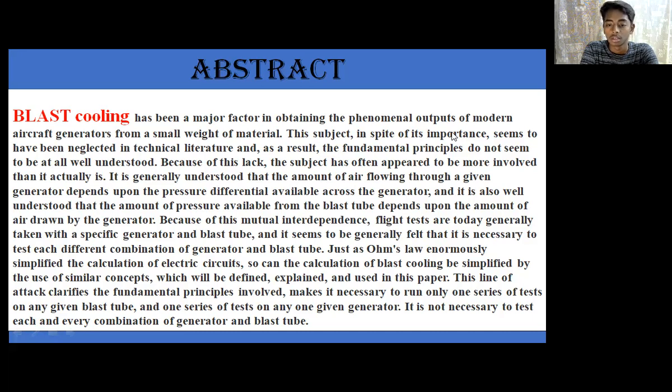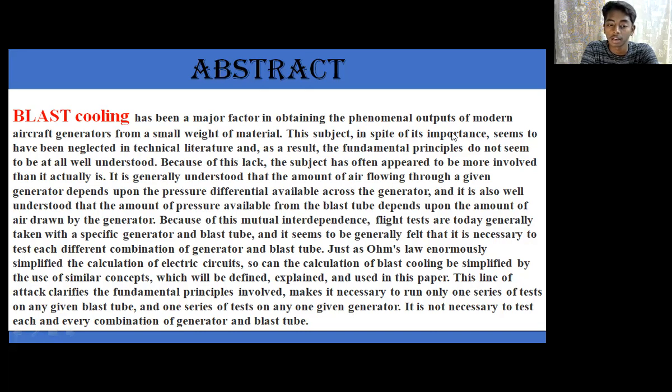It seems to be generally felt that it is necessary to test each different combination of generator and blast tube. Just as Ohm's law enormously simplified the calculation of electric circuits, so can the calculation of blasting be simplified by the use of similar concepts, which will be defined, explained, and used in this paper.